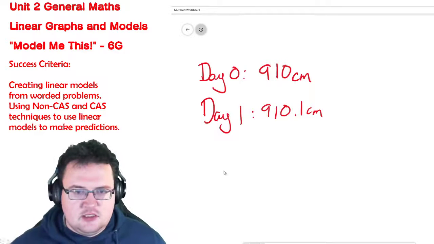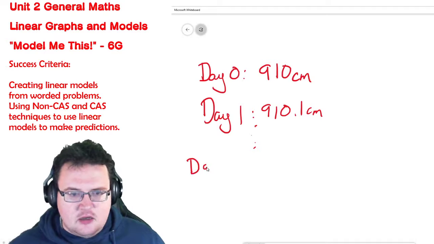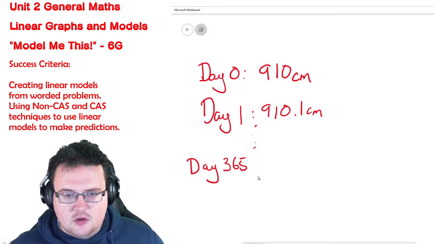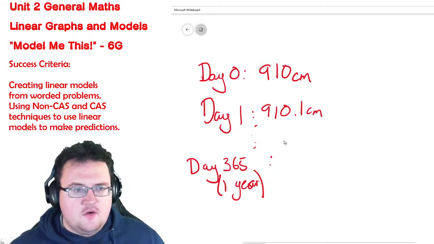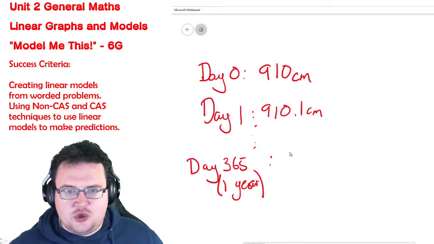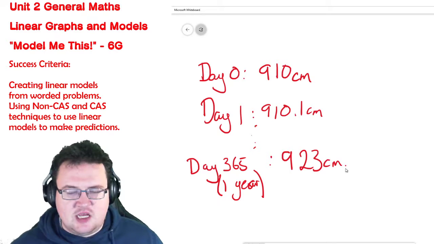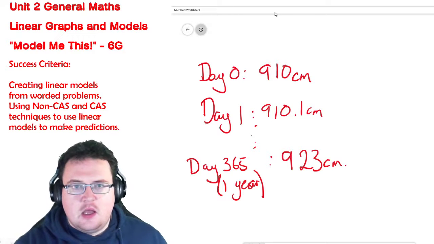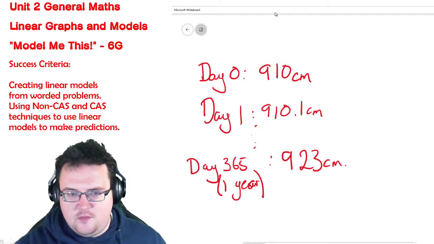So this is day 365. So 1 year. The tree is now 923 centimeters. Over the course of a year, how much has that tree grown?